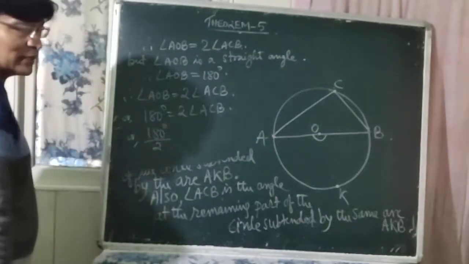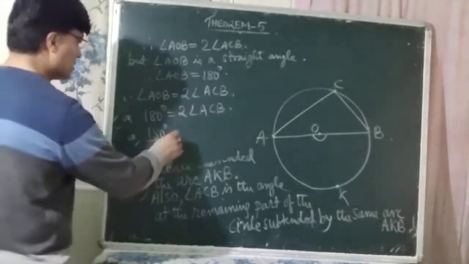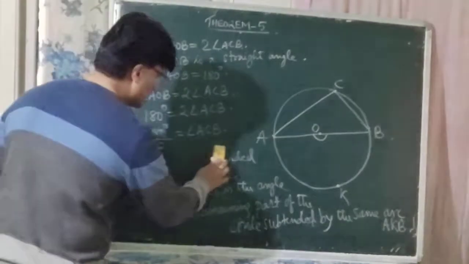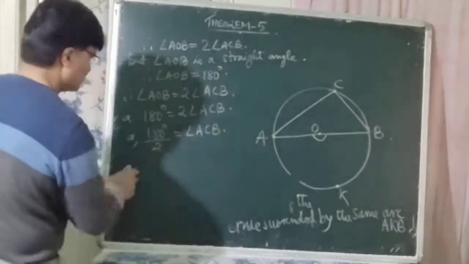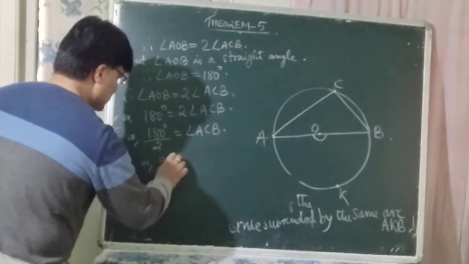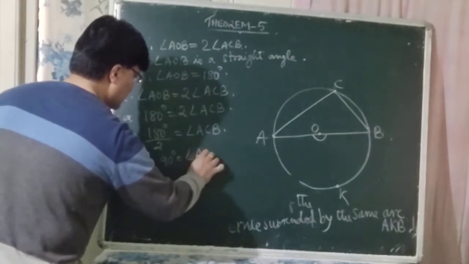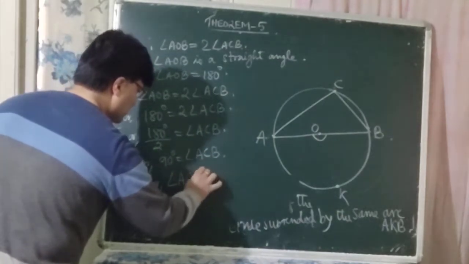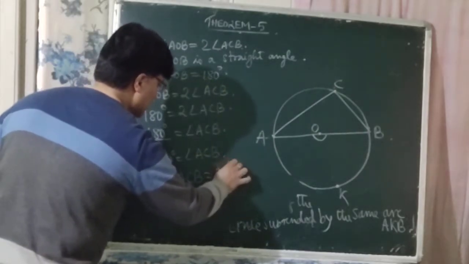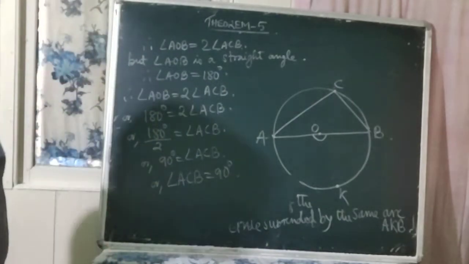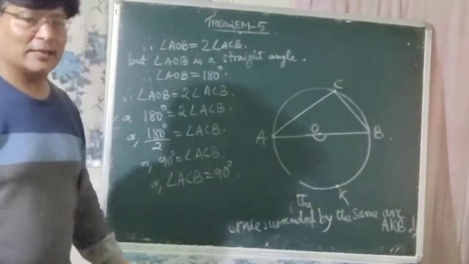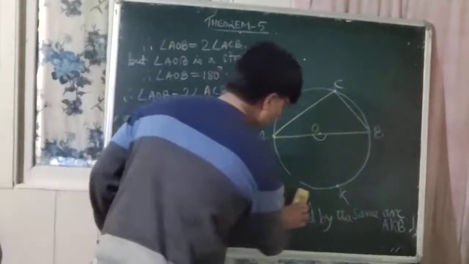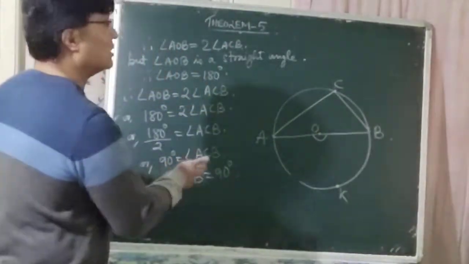The 2 is taken to the left hand side and goes to the denominator, which is equal to angle ACB, right? Now this is your 90 degrees, which is equal to angle ACB, or angle ACB is equal to 90 degrees. That is, angle ACB is the angle in the semicircle, isn't it? And we have proved that angle ACB is equal to 90 degrees. Hence, angle in the semicircle is a right angle.